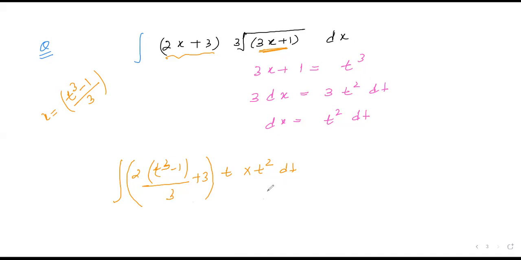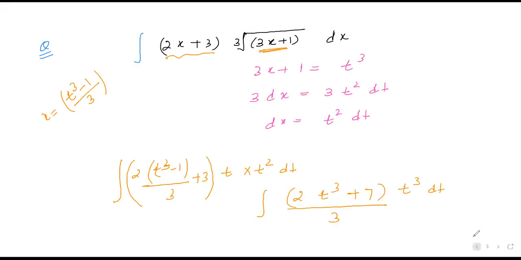So after simplifying, you will get 2 times (t cube, 9 minus 2 is plus 7) t cube dt whole divided by 3.